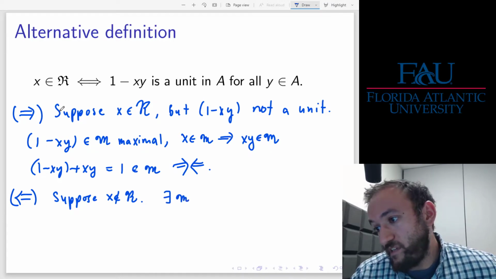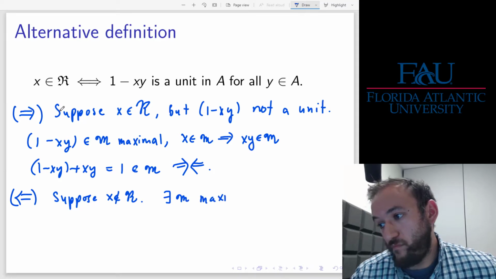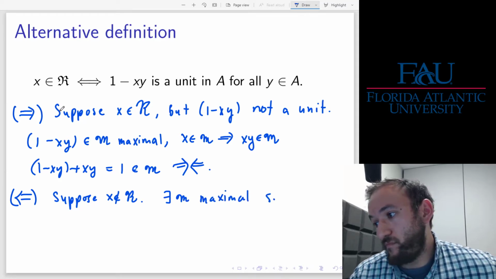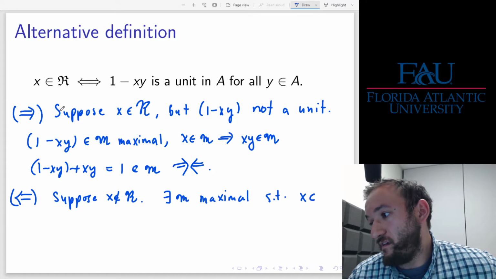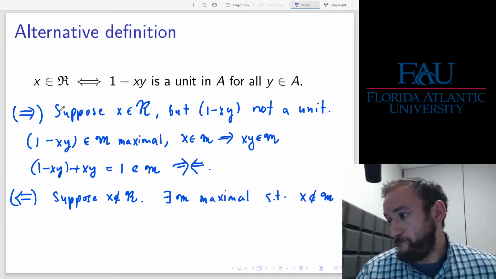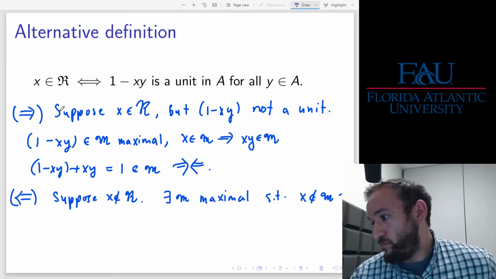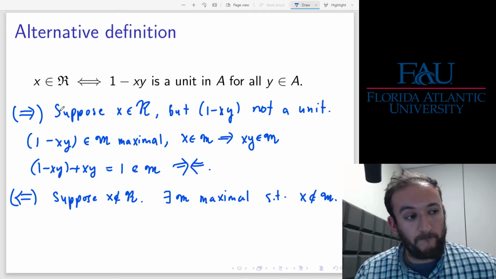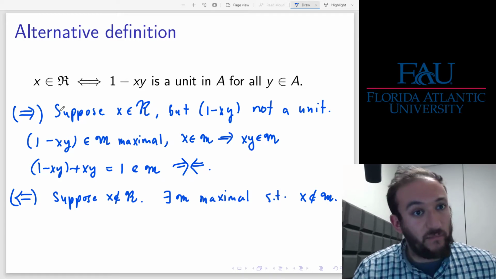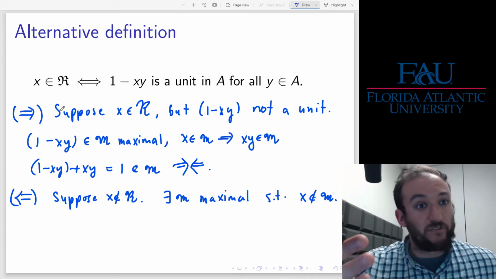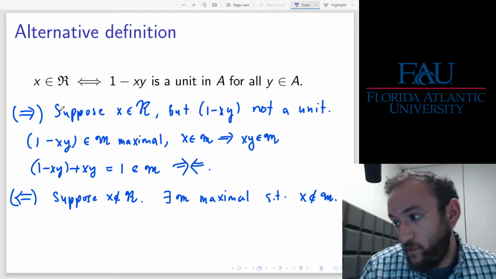So there's a maximal ideal M such that x is not in M. But if you're not in a maximal ideal, then if I try to add you in, you pick up the whole ring.